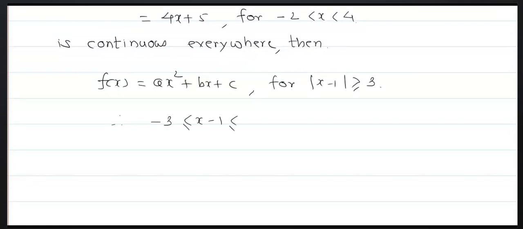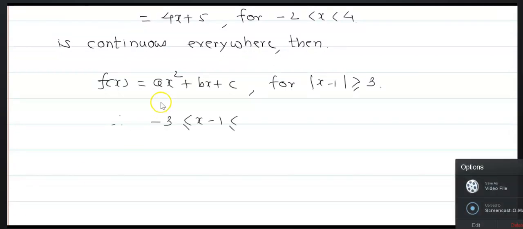Then f of x is equal to ax square plus bx plus c. We want to find out the values of a, b, c. f of x is equal to ax square plus bx plus c for mod of x minus 1 greater than or equal to 3.